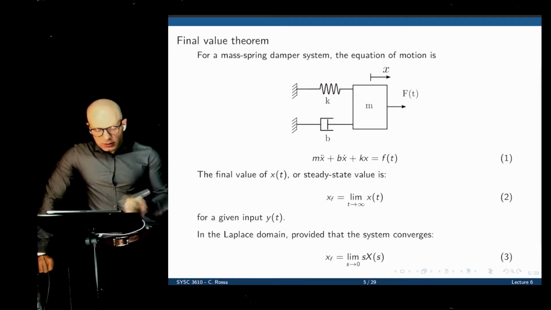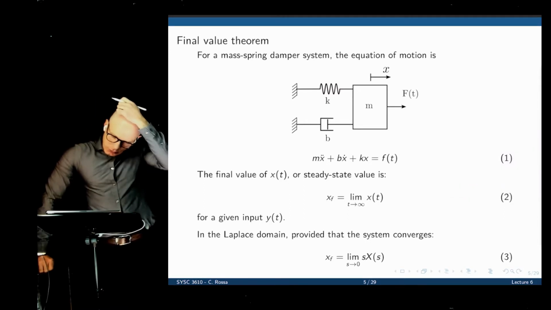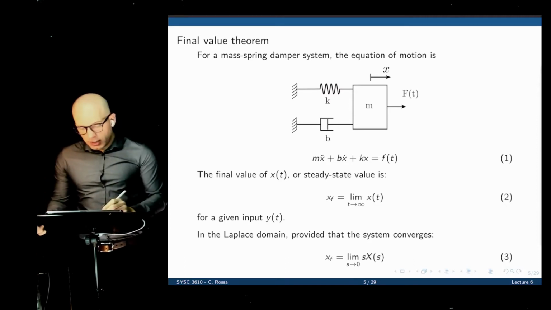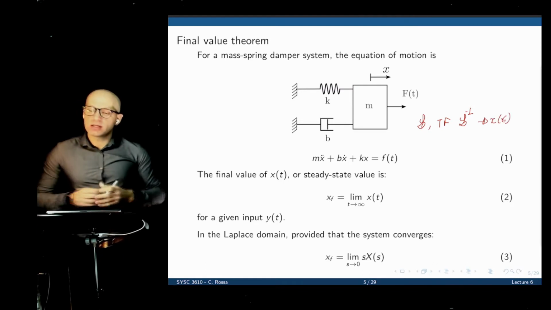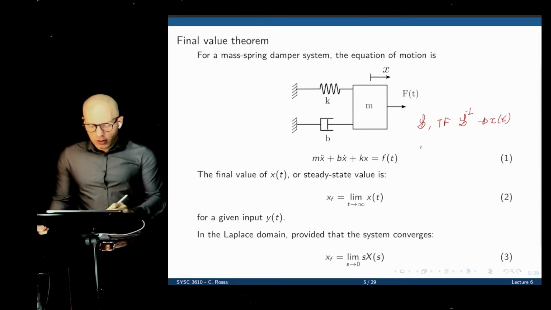And to calculate the final value, the intuitive approach would be to first find x of t. That is, we take the Laplace transform, we find the transfer function, we take the inverse Laplace transform, we find x of t. And once that entire process is done, if you're only interested in the final value, we calculate the limit when time tends to infinity of x of t.